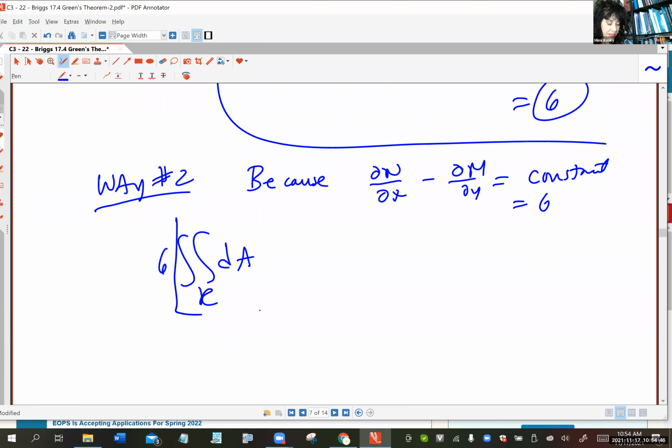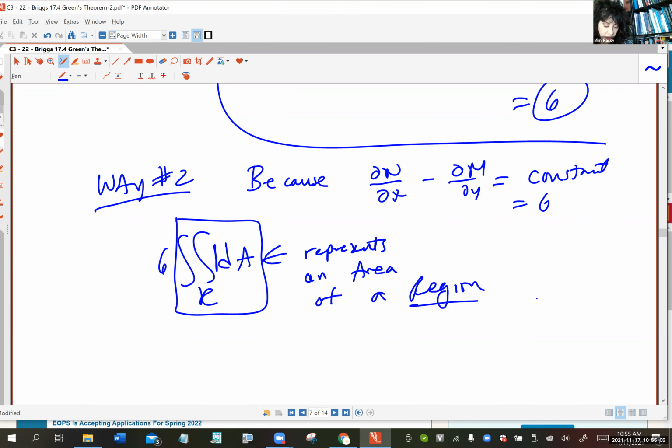But there's a handy fact that you learned in the last module when we were studying the chapter on multiple integrals: when you have a double integral and the integrand is 1, this represents the area of a region. Well, what's the region?